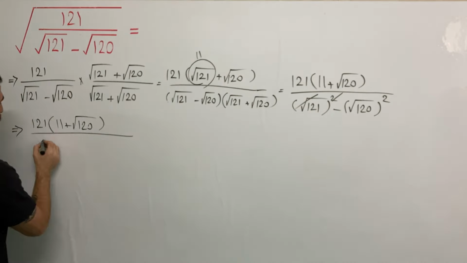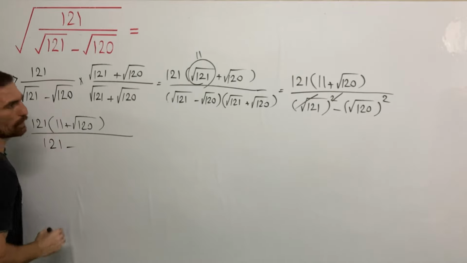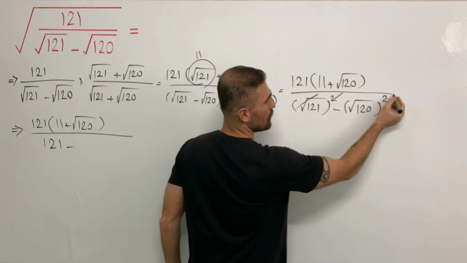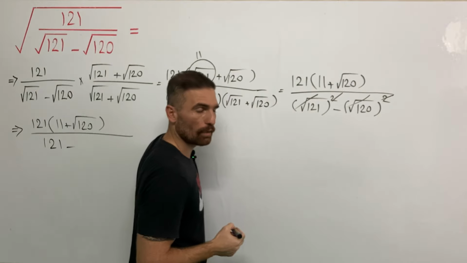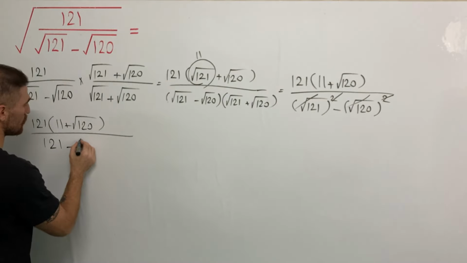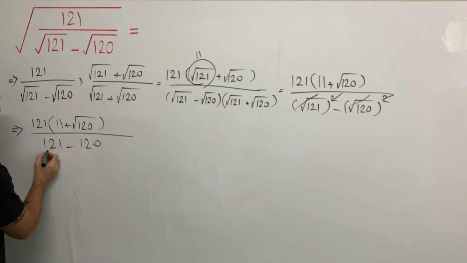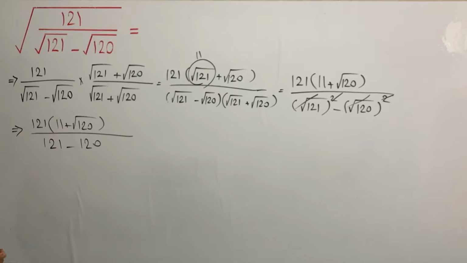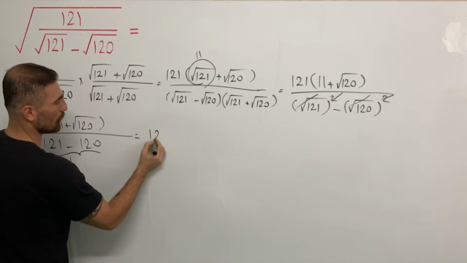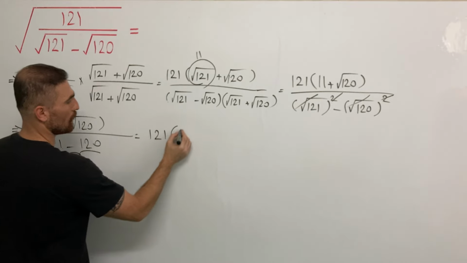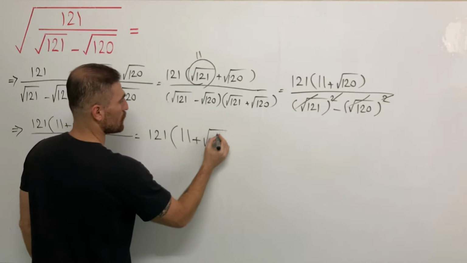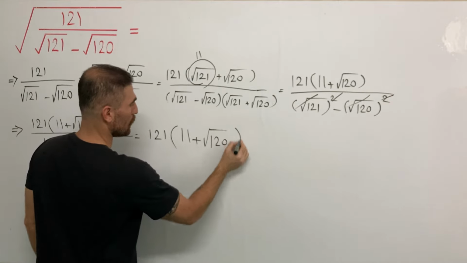So we have 121 minus, again, these two as exponent and these two as root can be cancelled off, so we have minus 120. 121 minus 120 is 1. So what is this? 121 times 11 plus square root of 120.